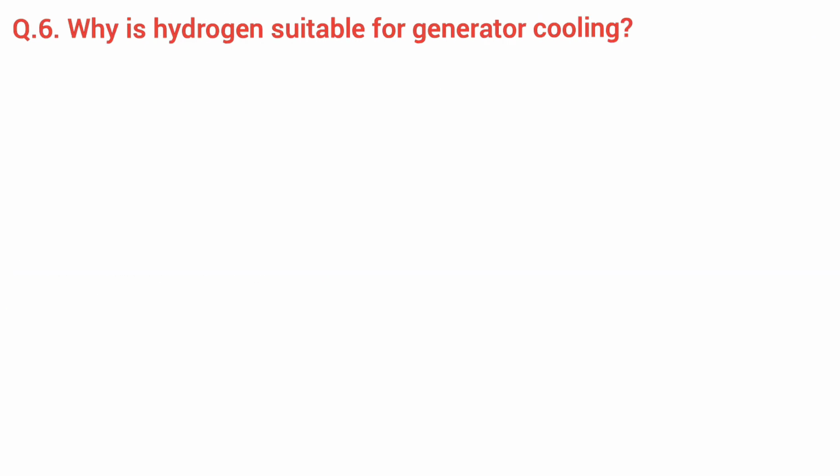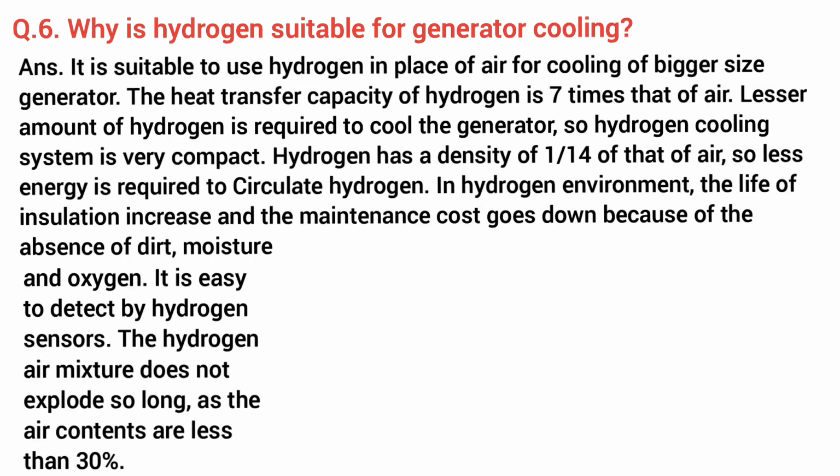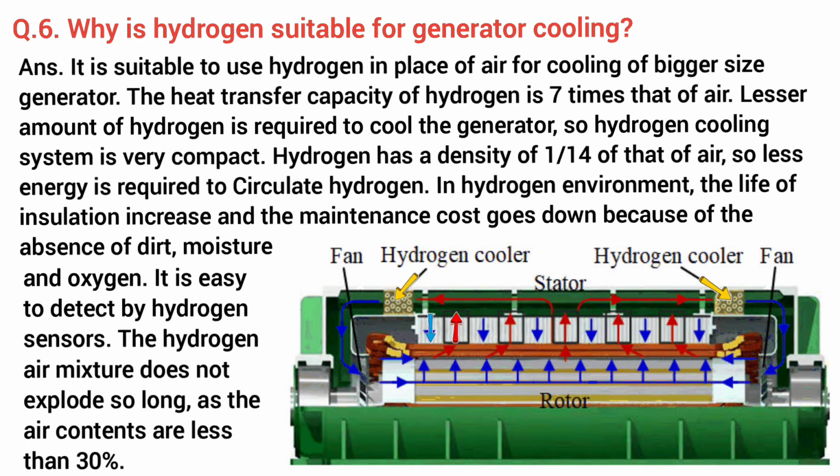Why is hydrogen suitable for generator cooling? It is suitable to use hydrogen in place of air for cooling of bigger size generator. The heat transfer capacity of hydrogen is 7 times that of air. A lesser amount of hydrogen is required to cool the generator, so the hydrogen cooling system is very compact.